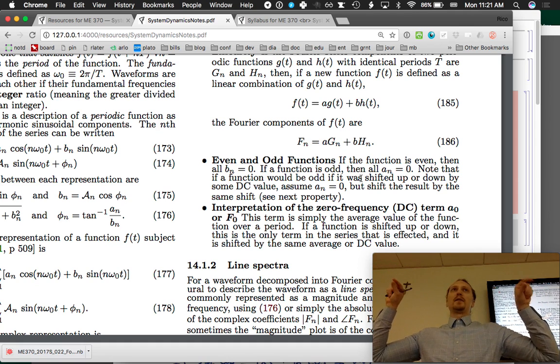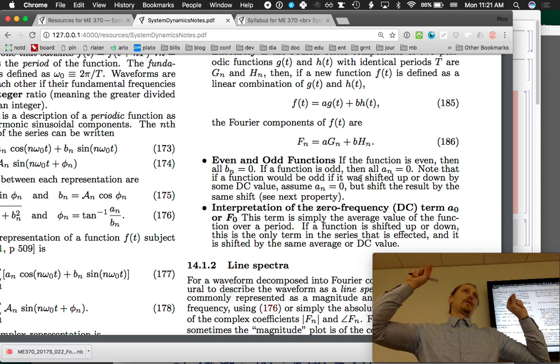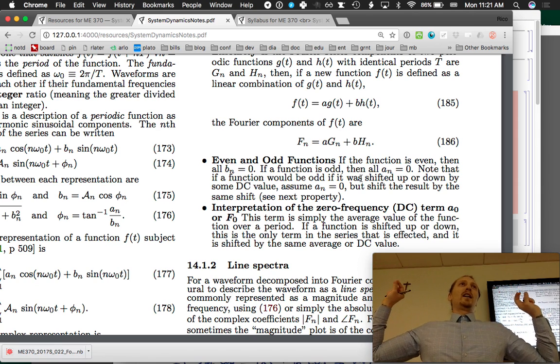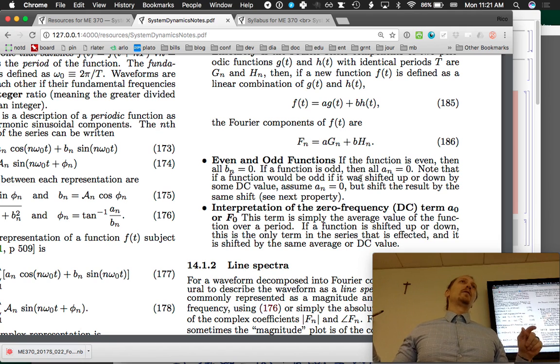And we saw that at different frequencies of the input, different frequencies of the output came out. And you could compute those way back then, okay? And you could compute them because you could solve for the steady state solution. You could solve for the total solution, and you could find the steady state aspect of it and compute what those amplitudes are. So you could do that way back in mechatronics.